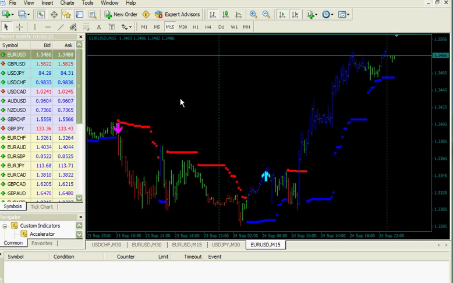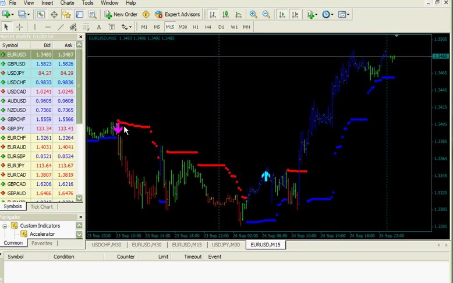As you can see, the system calculated the best entry and exit points, and I'm gonna discuss with you how this works. There are two main conditions that should be met in order to take a trade with the master trend system. The first condition is to have an arrow that tells you there is a signal.